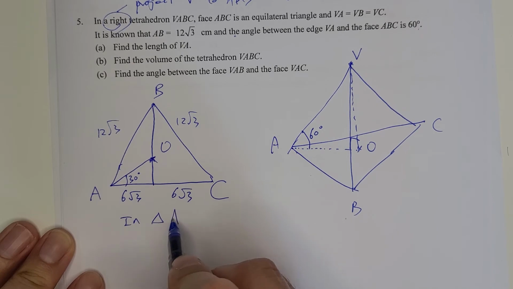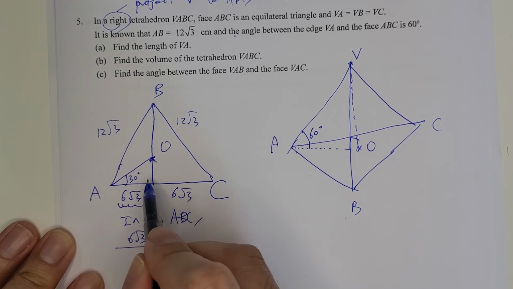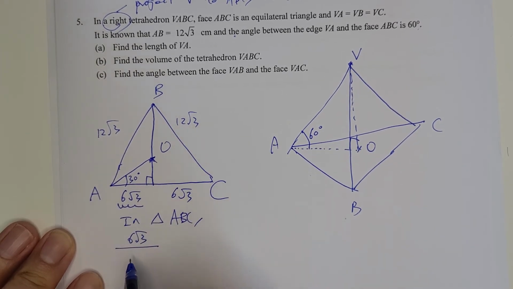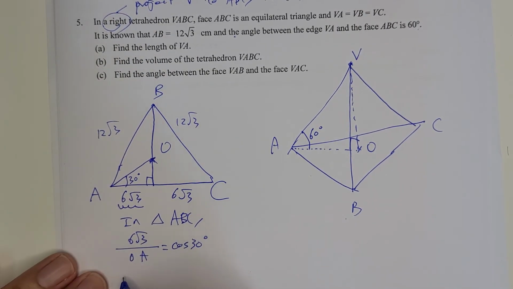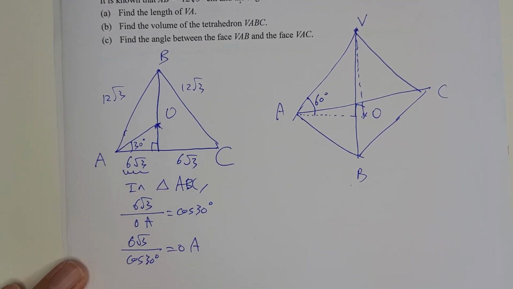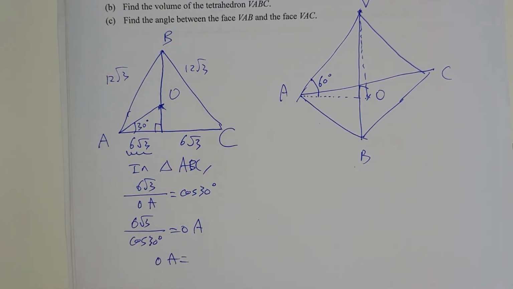Okay, in triangle ABC, this 6 root 3 over OA, but it's a right angle, over OA, that is equals to cosine 30 degrees. Then you can find 6 root 3 over cosine 30 degrees, that is OA. And hence you can find OA, that is 12.